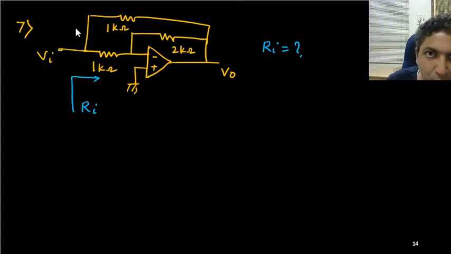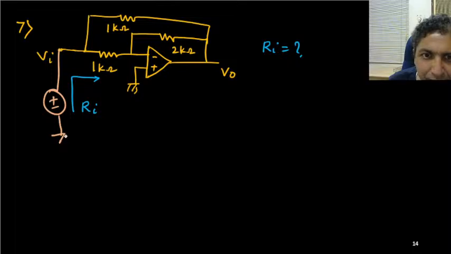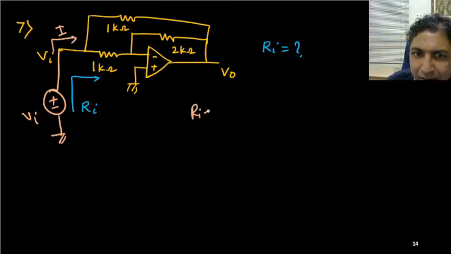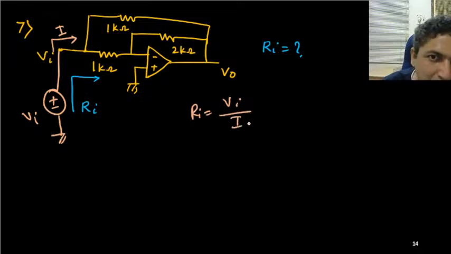The method is that we need to connect a source. So this source Vi will be connected, and whatever current it is supplying, this I. So Ri is simply Vi upon I, which will give you the input resistance.